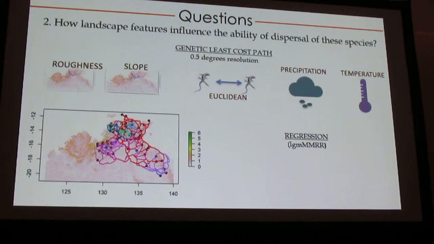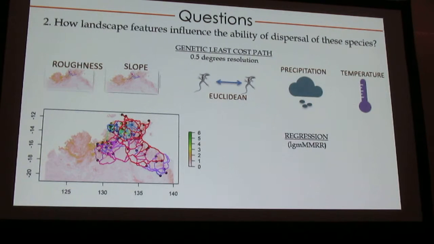Then I looked at how the landscape features could influence the ability of dispersal of these species. For this, I performed a least-cost path analysis, using, sorry, it's wrong here, 0.3 degrees of resolution. I got information about topography, like roughness and slope, Euclidean distance, which is basically the isolation by distance that I showed before, precipitation and temperature.